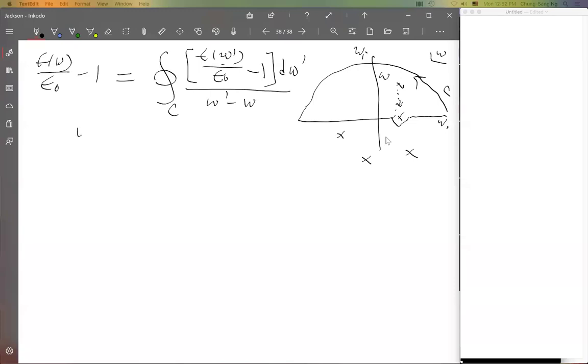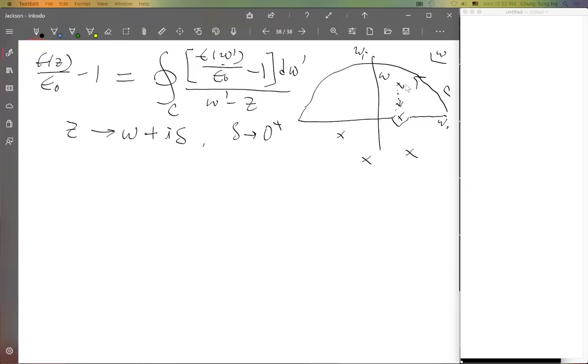Because I'm now using a limiting situation, I could change this integration variable and call it z instead of omega, because z is just a complex value. Then we let z go to omega, a real value, plus a small imaginary part, plus i delta, with delta going to a positive infinitesimal value.